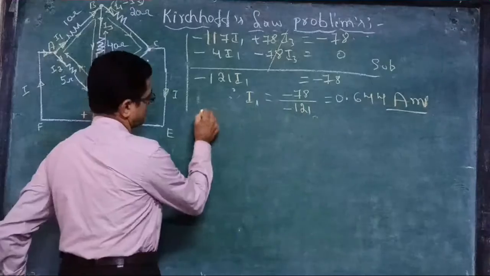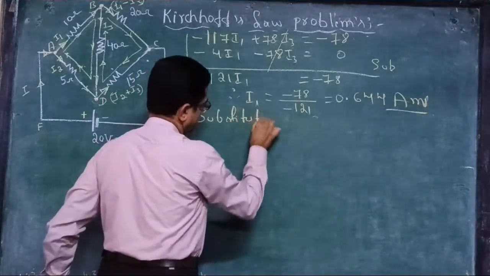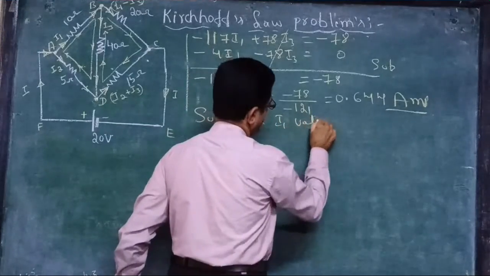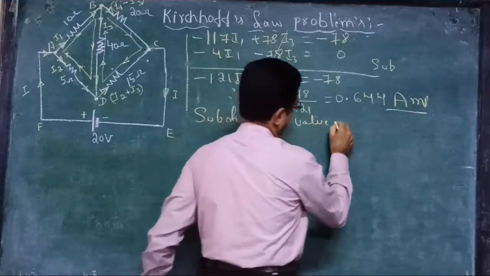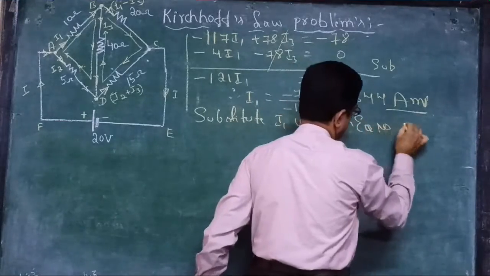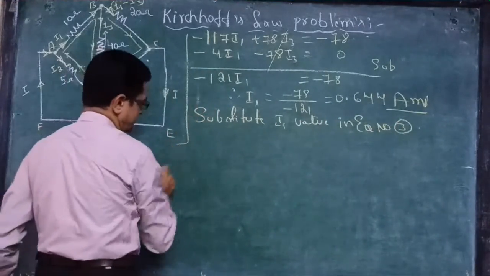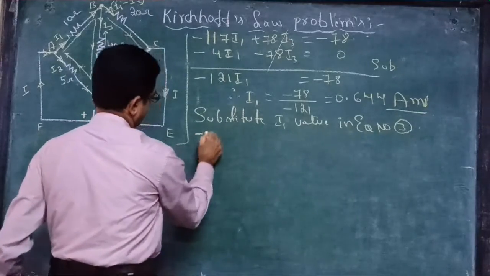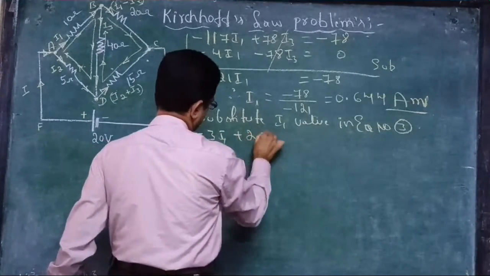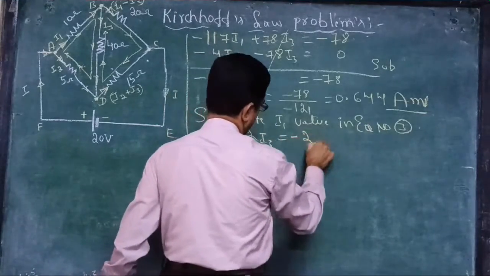And substitute the I1 value in equation number 3. Here equation number 3 is minus 3 I1 plus 2 I3 is equal to minus 2.